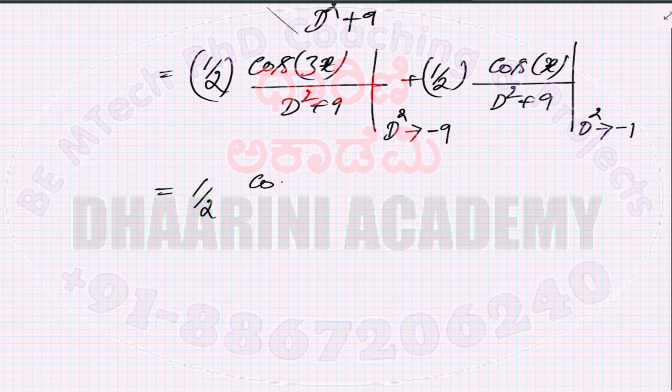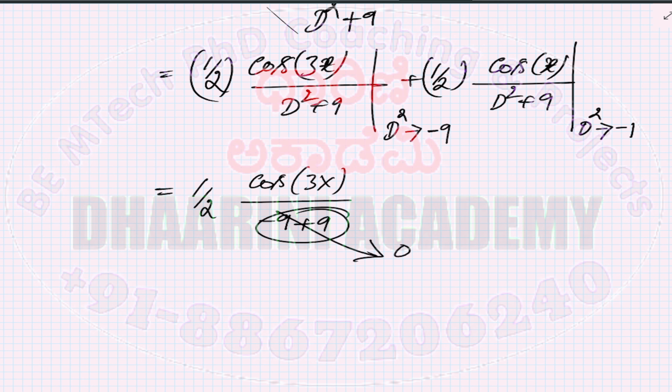Half, I have cos of 3x divided by d square, which is minus 9 plus 9. So see, I'm showing you a different thing here. What is this? Minus 9 plus 9 is actually 0. I should not have that, right? So you see, this step goes one step ahead now. It actually takes care of the denominator being 0, so we have to take care of that.